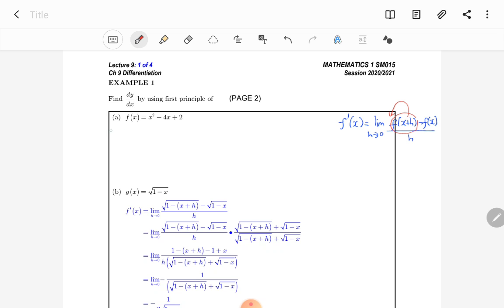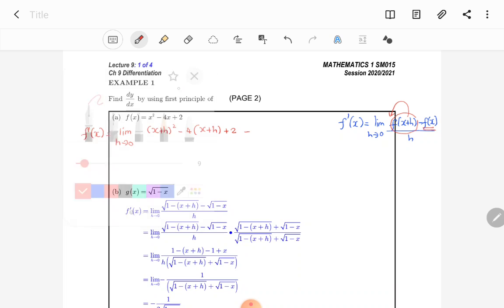Okay, so for this case, we will get f'(x) equals the limit as h approaches 0 of f(x + h), which is (x + h)² minus 4(x + h) + 2, minus f(x).